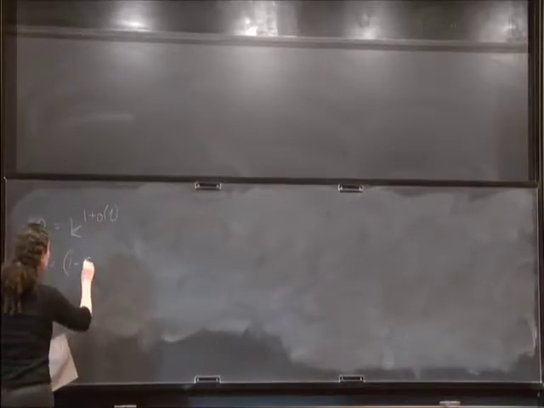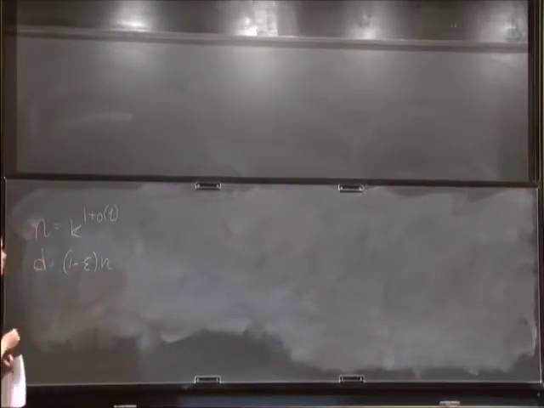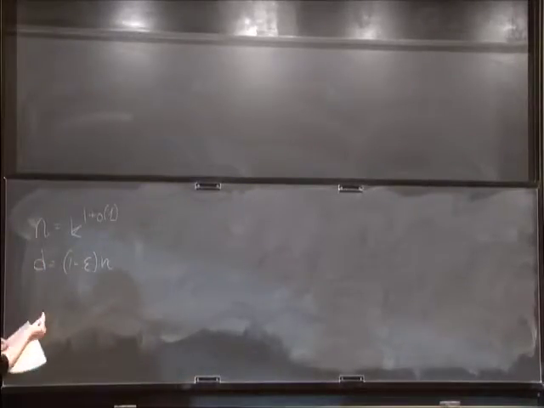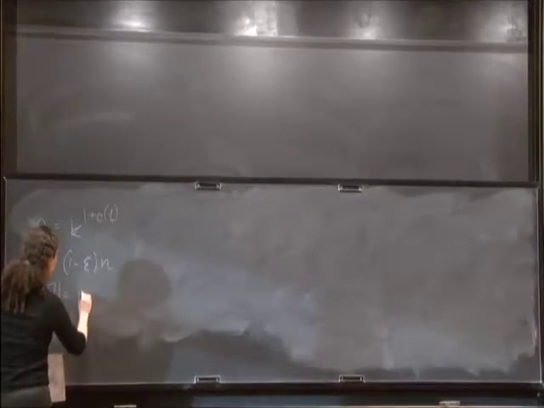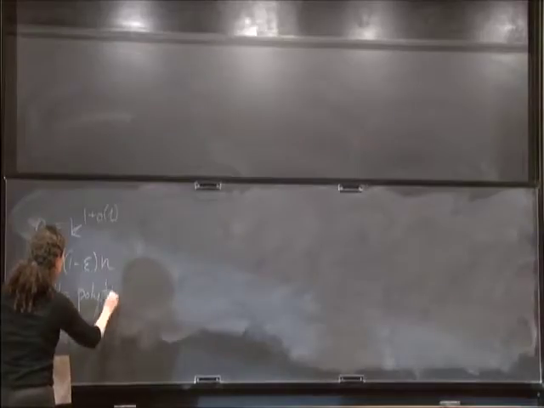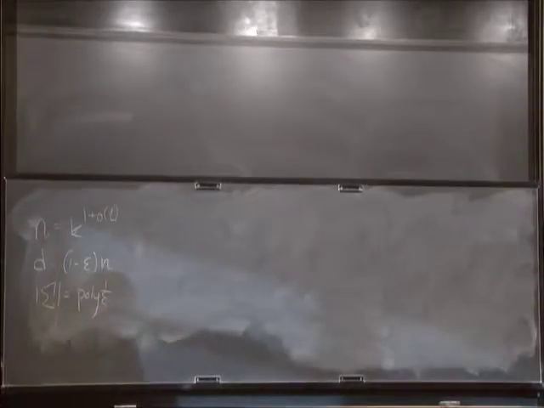And we want a distance which is very close to 1, which is fine because the rate is so small. And for this, we'll need the alphabet to depend on epsilon. We mainly care about the alphabet being a function of epsilon and not of n, ultimately polynomial in 1 over epsilon.